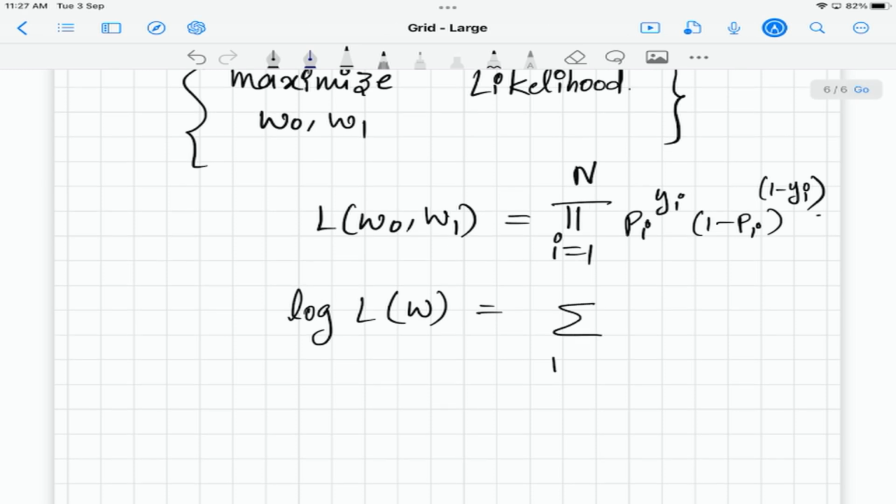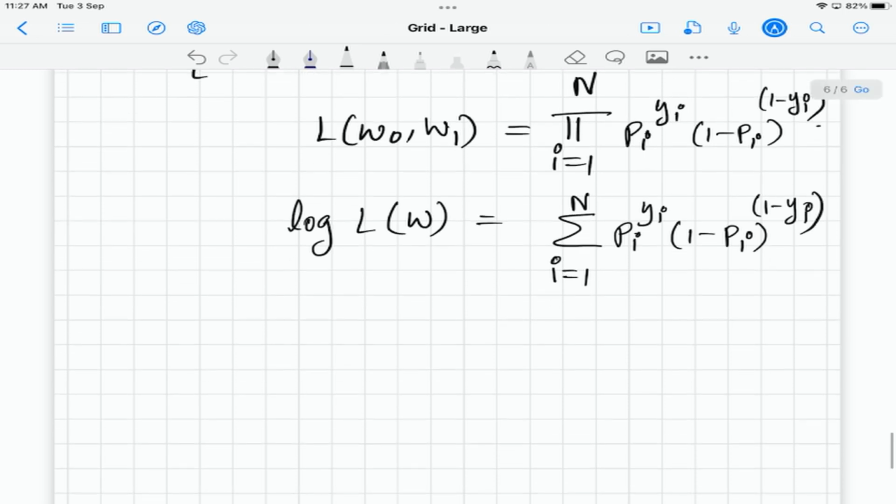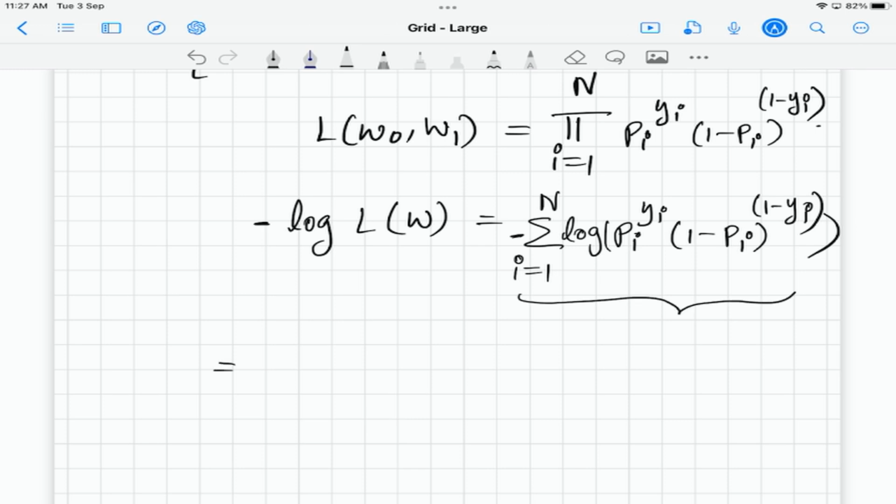It will become a summation, right? Sorry, I will have a log term here. Can you expand the log and tell me the function? And also, instead of log, apply negative log, and tell me what the output is.